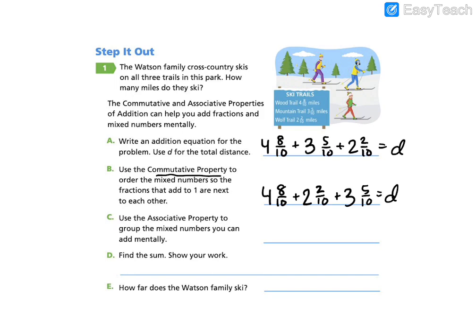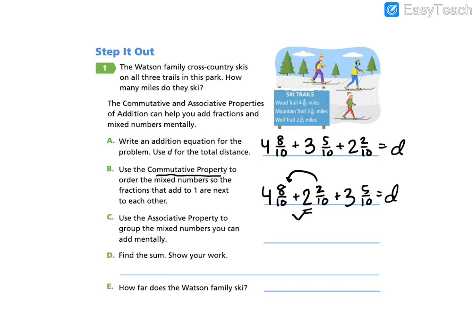Now I'm going to use the associative property to add these two together first. So if I add 4 8/10 plus 2 2/10. Well, why am I going to do that? Because this will give me 1 more whole, right? So if I add 2/10 to 4 8/10, I know that I'm getting to 5.